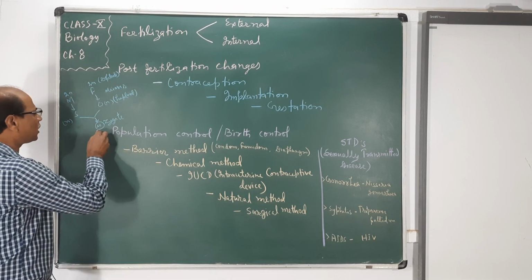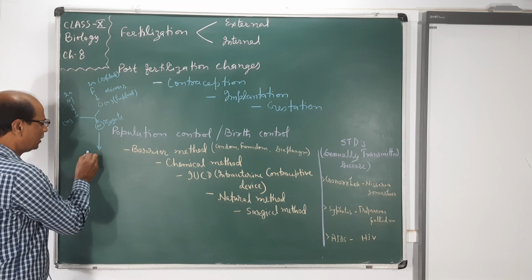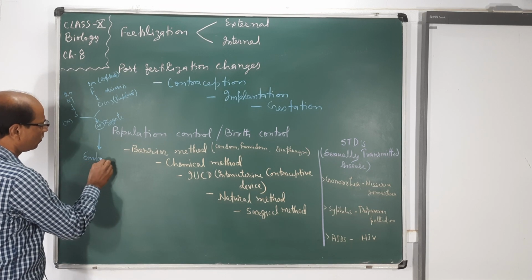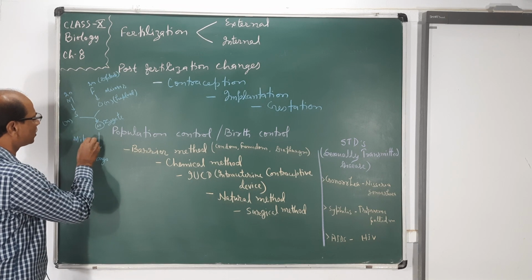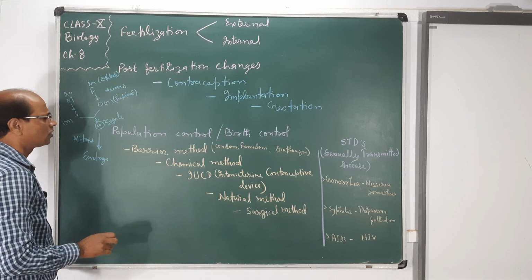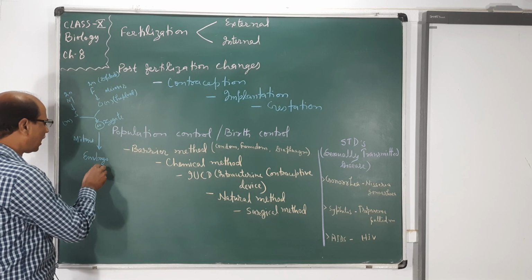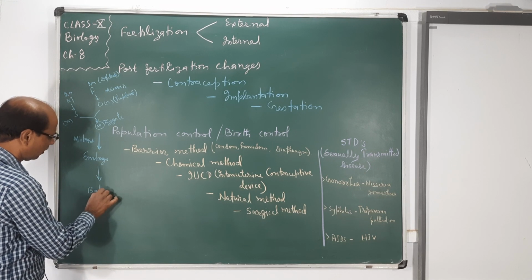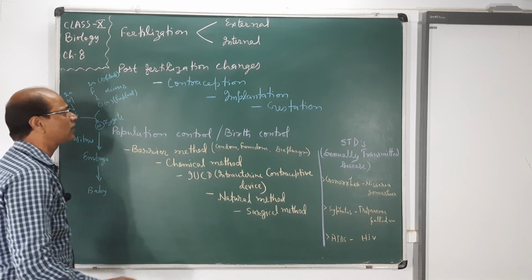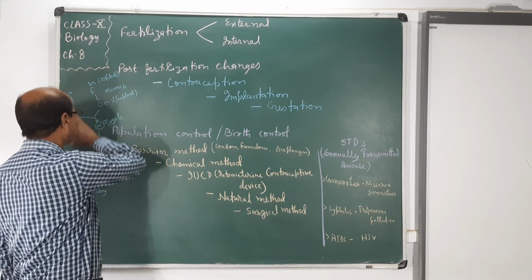This zygote gradually develops into an embryo. This takes place by the help of simple mitosis division. This embryo becomes the baby, or we can say fetus. So this is the activity that takes place.